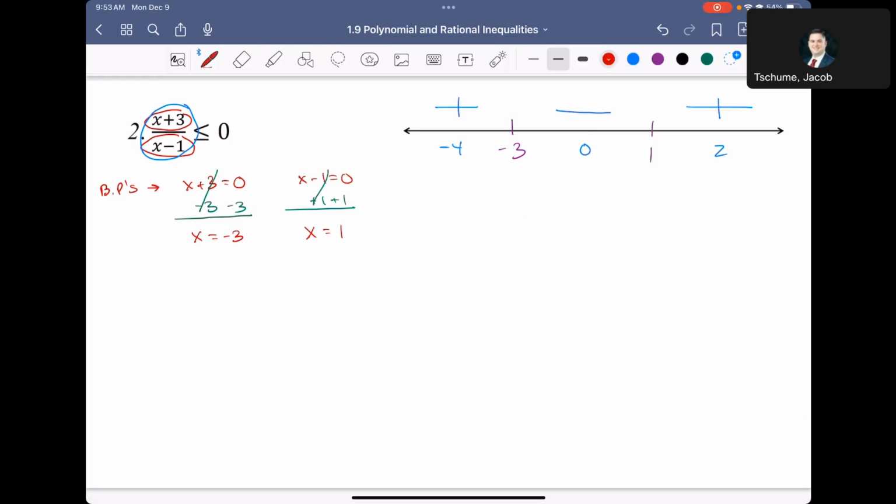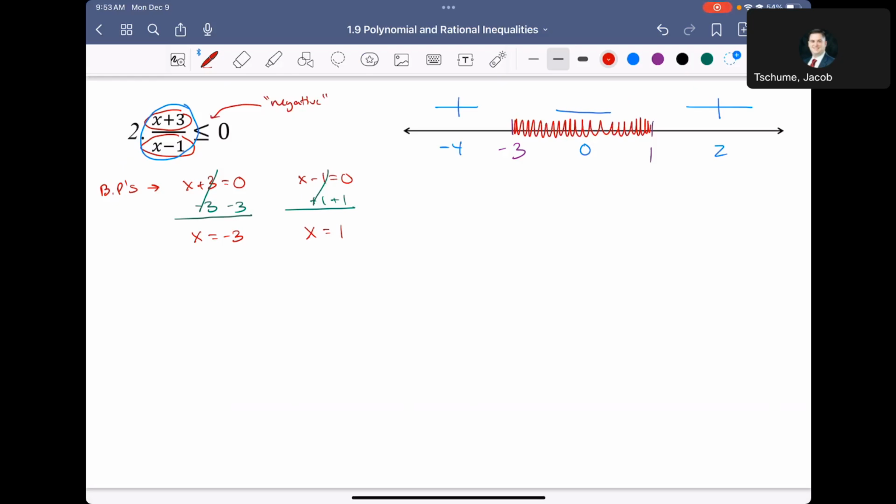If I look back at the original inequality, that is a less than or equal to 0. Well, as we know, any number less than 0 must be a negative number. So I'm going to use that to help me to know which region I need to shade in. So less than 0 would be negative, and my only negative region is here in the middle.